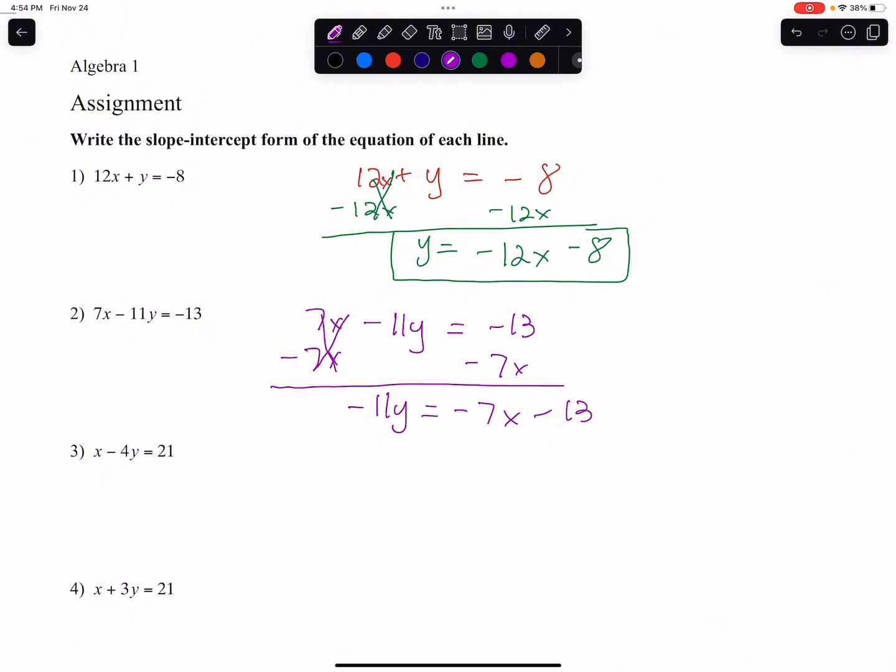And now the issue is we have something on the y. Remember when we're doing one-step equations, we have to get whatever's off the y by doing the inverse. So -11 next to a y means -11 times y. That means we have to do the inverse and divide everything by -11.